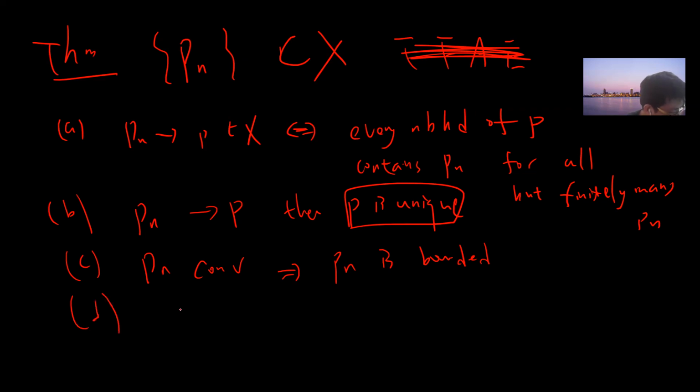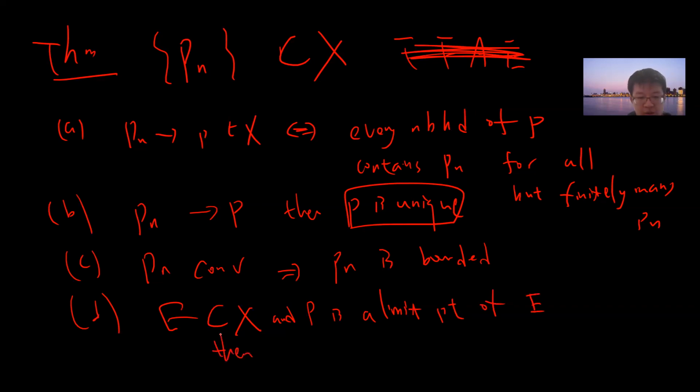D: if E is a subset of X and P is a limit point of E, then there is a sequence Pn in E such that Pn converges to P. These four theorems tell you the relationship between limit points in topology and sequences. So let's prove the first one.